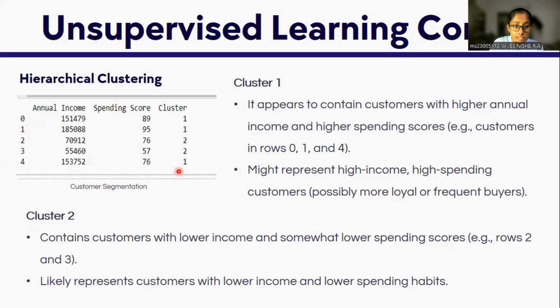And in cluster 2, these two rows contain customers with low income and somewhat low spending scores. So it likely represents customers with low income and lower spending habits.